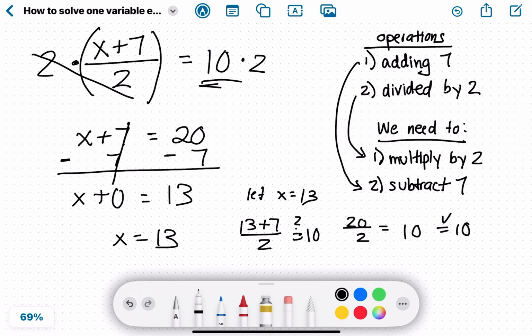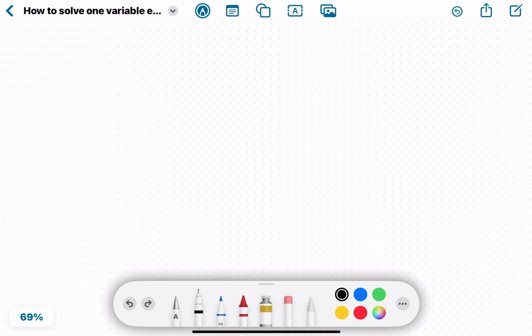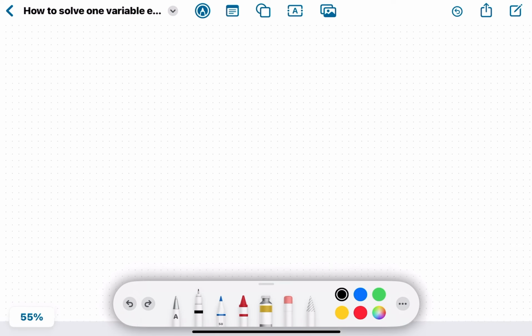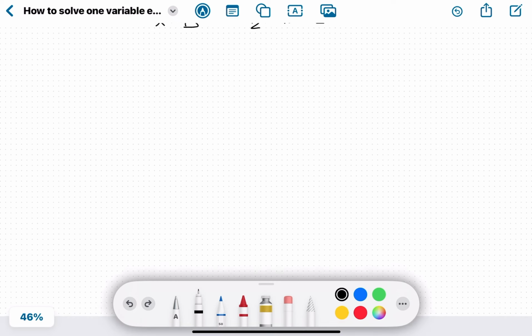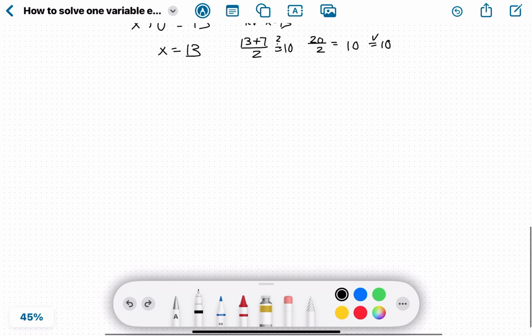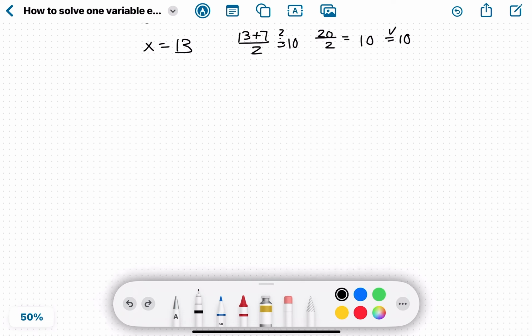Let's do one last example. One that's a little more complicated, just a few more steps. This one will be, okay, a little more room for this one.